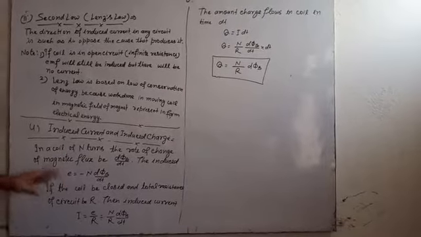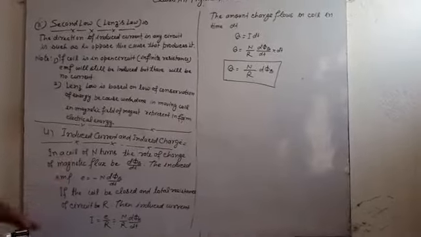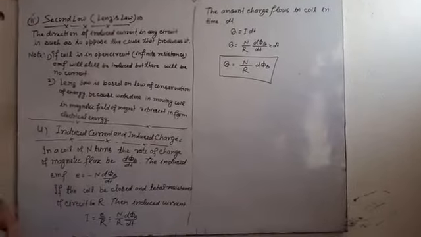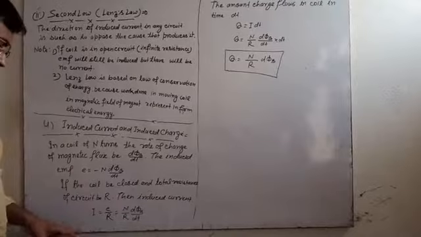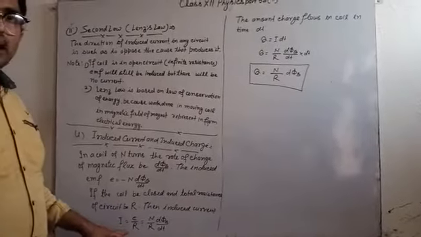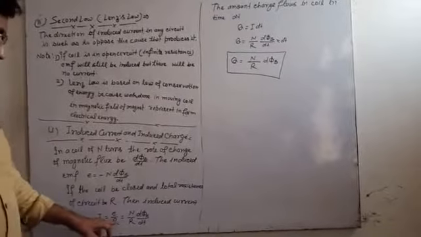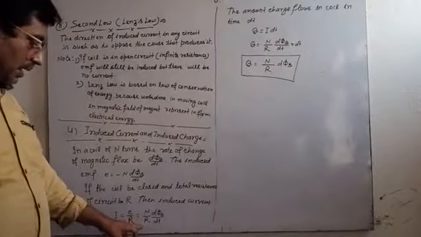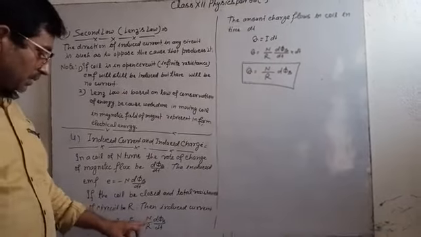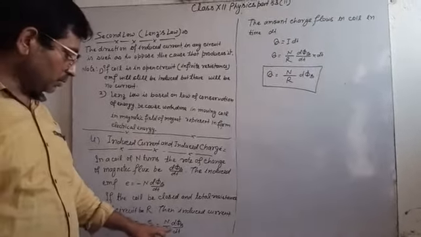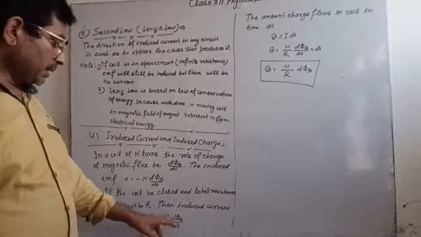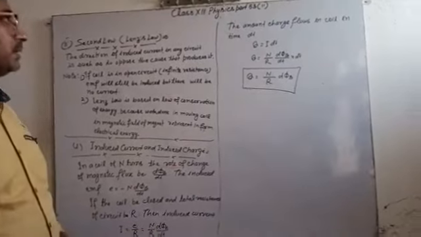If the coil is closed and the total resistance of the circuit is R, then induced current I equals E by R, in magnitude N by R times d phi B by dt.